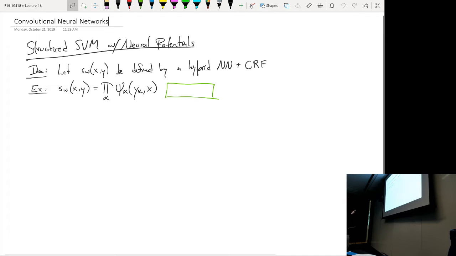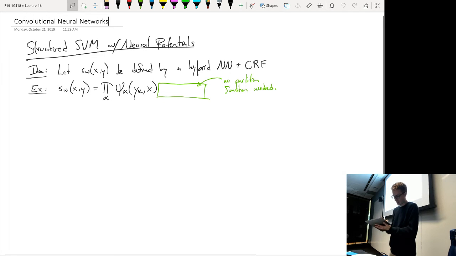So there is no term here that corresponds to the partition function, or the inverse partition function. So here, we're not actually going to be thinking about what the partition function is.